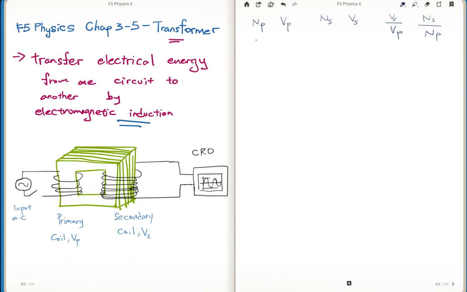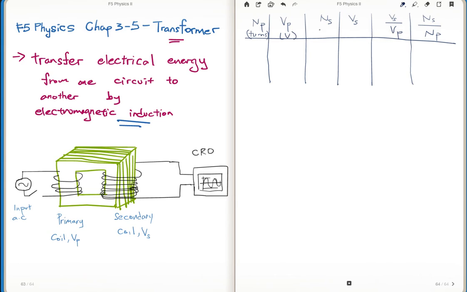You set up a table with maybe just 5 values to plot a graph. First, this is the number of turns, with unit turns, and the voltage in V. The ratio has no unit.